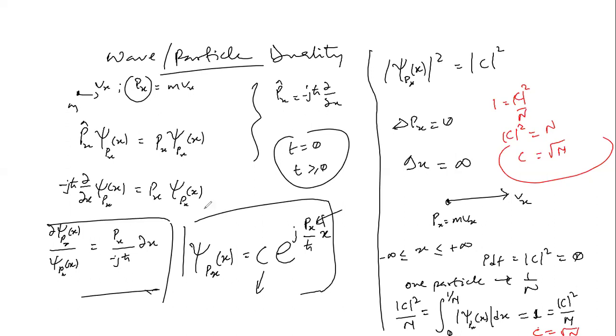So now that we have been able to resolve that, let's not forget this expression, okay? Once we pull this up again, it means that we have psi p sub s of s is the same as c exponential j p sub x, p sub s over h cross x.